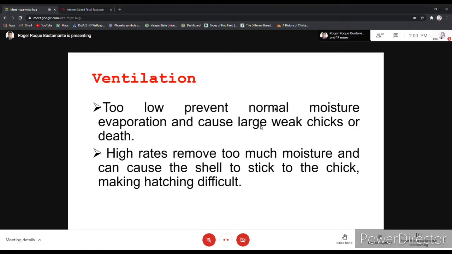It is because of high ventilation, or too much ventilation, where the moisture is released quickly, or the water evaporates quickly.